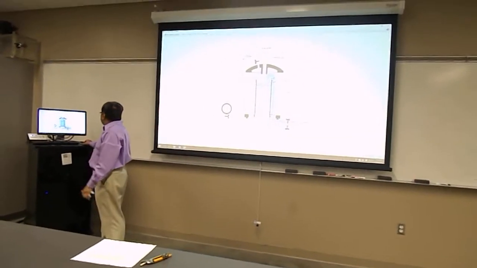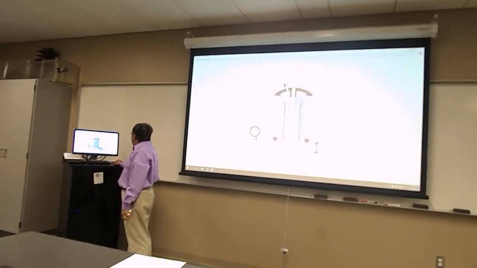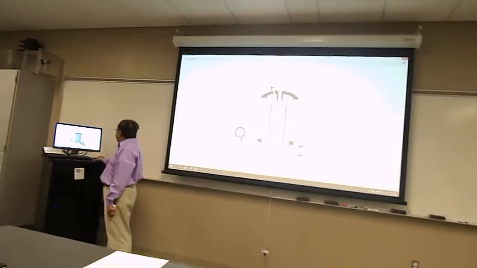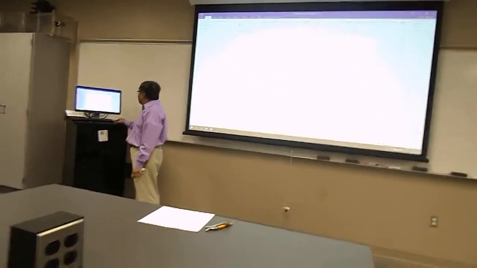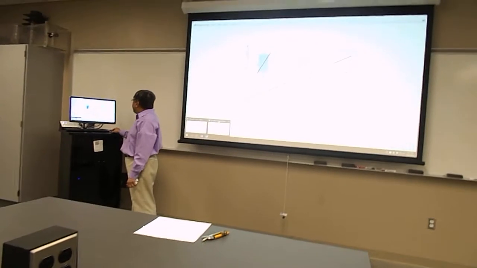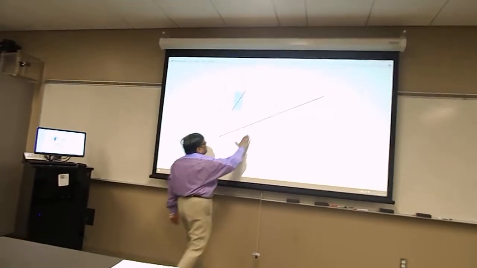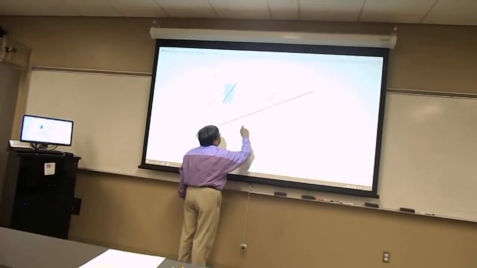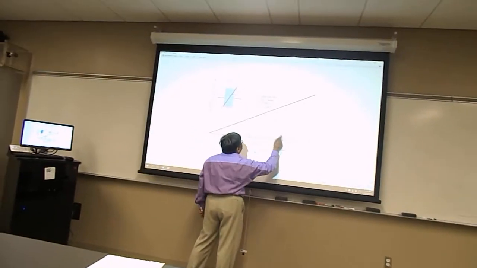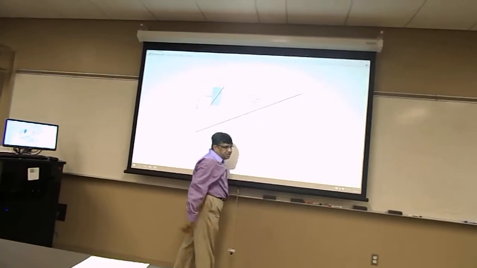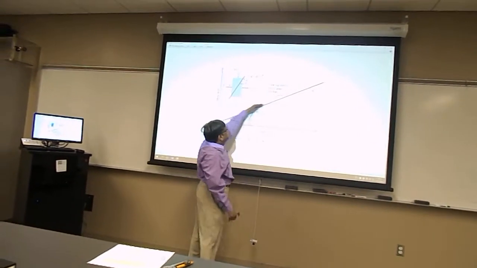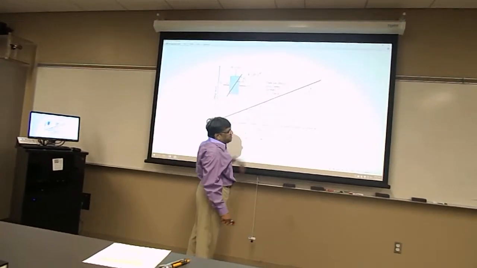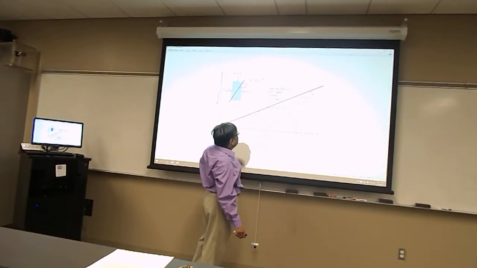So here, the only way we can do is by drawing at least 2 more circles like this. Forget about this radius and 2 theta. Let us draw 2 more circles and then take a straight edge to draw a common failure envelope. Let me take a straight edge.